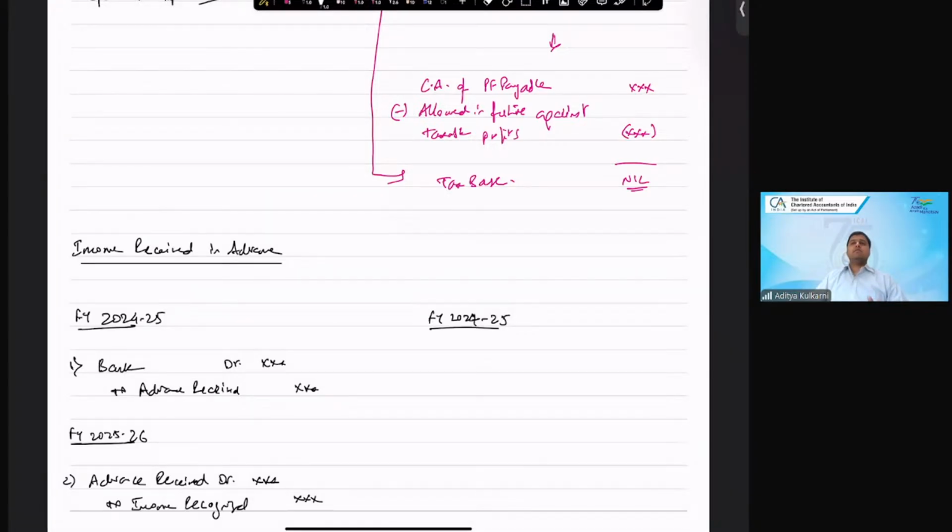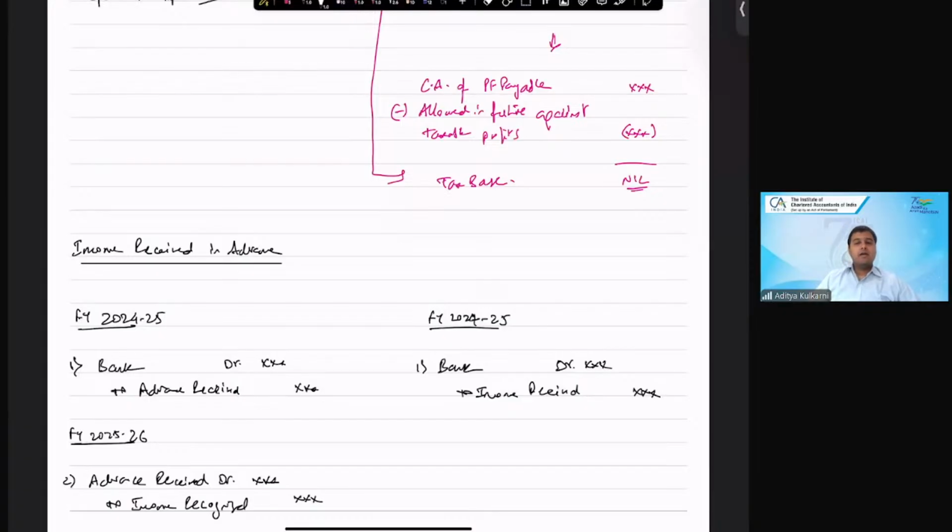This is an item of inflow which is taxable on receipt basis or accrual basis, whichever happens earlier. Do you agree to this? Yes, sir. So now, in year 1, when the money came, what will be recorded? Bank account debit to income received directly. Yes or no?